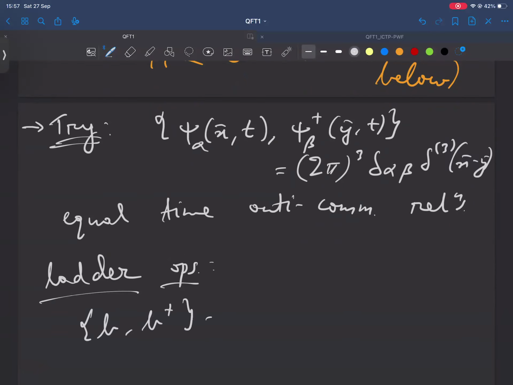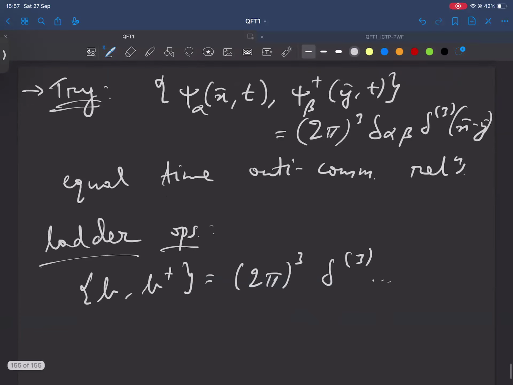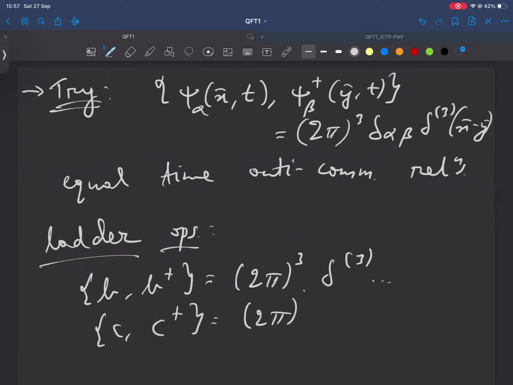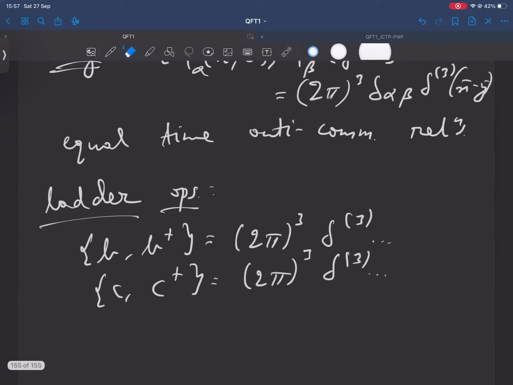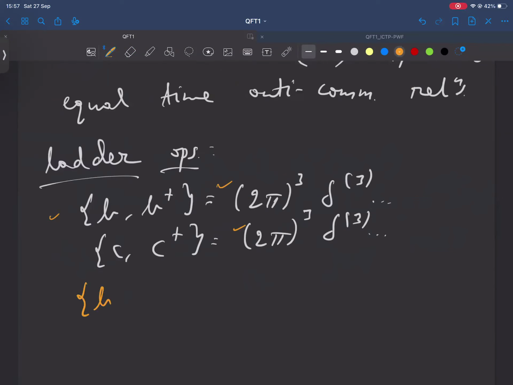I will just write it schematically. {b, b†} is (2π)^3 and all the deltas, and {c, c†} is (2π)^3 and all the deltas. Okay, so now we have that nice structure again, that everything comes with a plus sign, and the anti-commutator with b on the left and b dagger on the right holds, and all other things vanish. Okay, just like in the usual case.